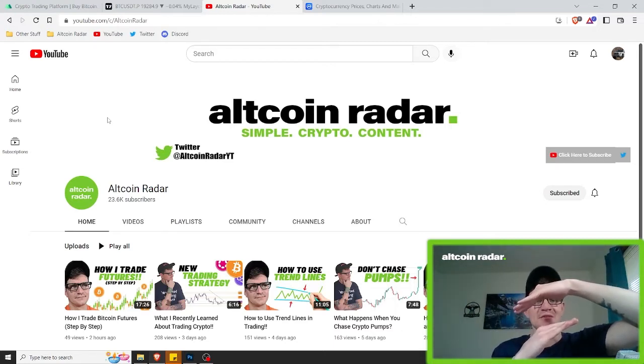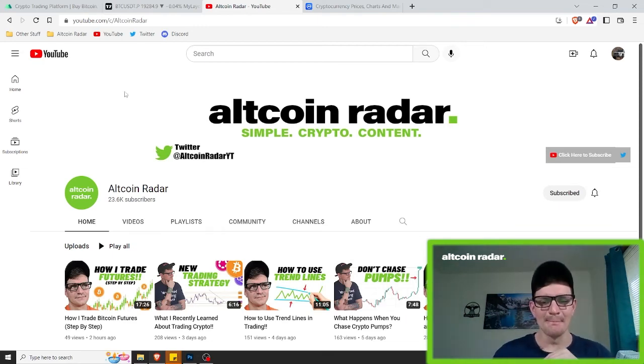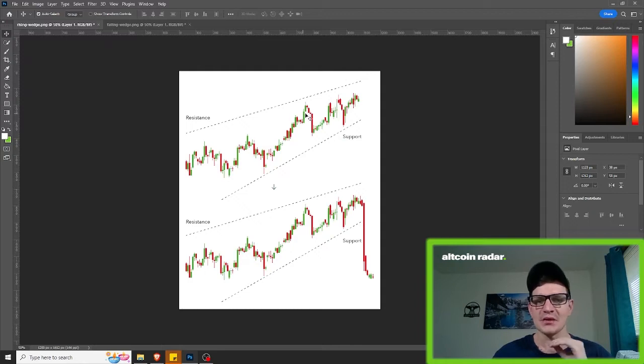Anyway, the first thing we're going to look at is the rising wedge pattern. A rising wedge is represented by a trend line that's caught between two upwardly slanted lines of support and resistance.